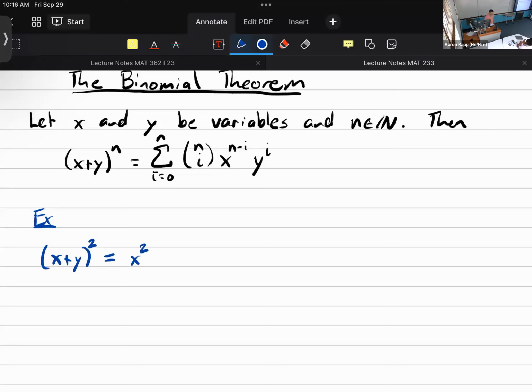x squared plus 2xy plus y squared. Because when I look at this expansion, x plus y times x plus y, when you're distributing, it's not bad that you learn the word FOIL, but it limits you because it only works with 2 sets of binomials.